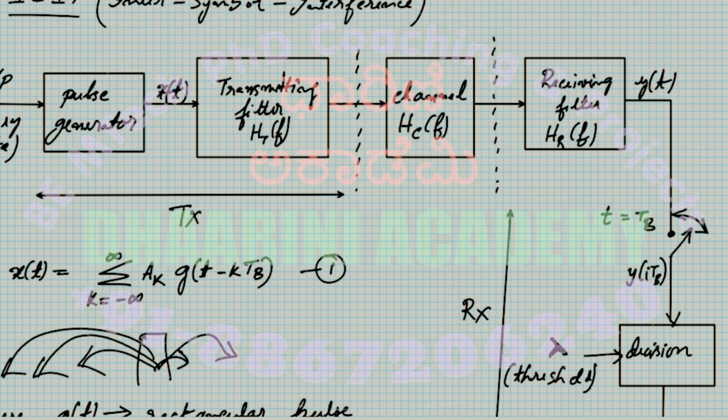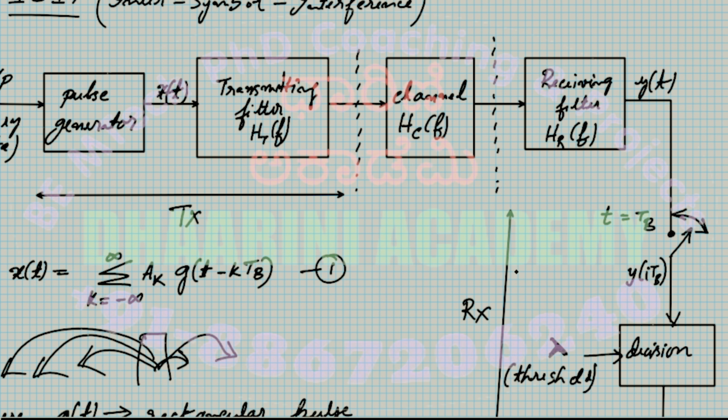But the practical case is not like that. It will change the amplitude, bring a phase shift into the picture, select certain frequencies and attenuate certain frequencies. Many things are going to happen. So the response of the channel is written as a filter denoted by Hc of f. Again, this is in the frequency domain.